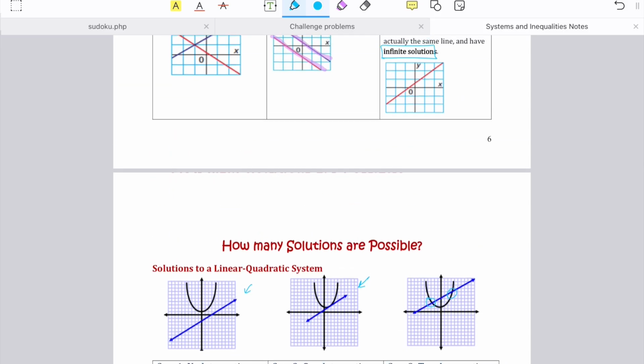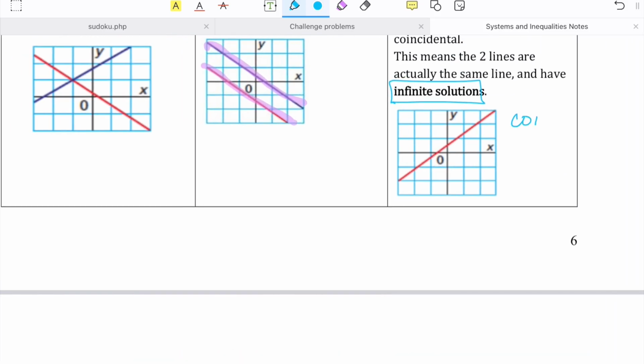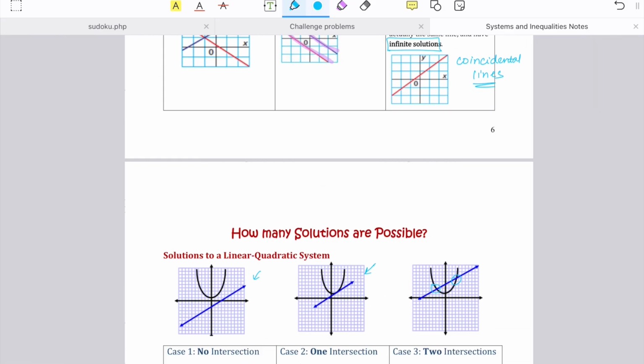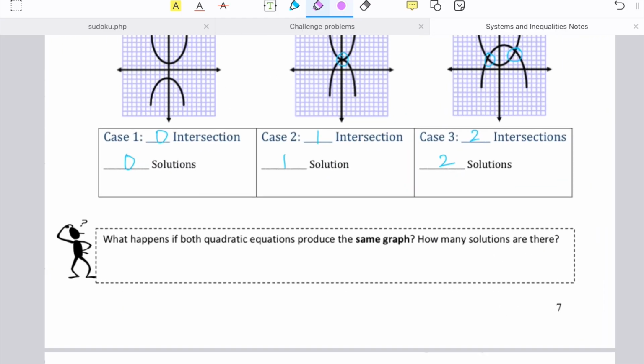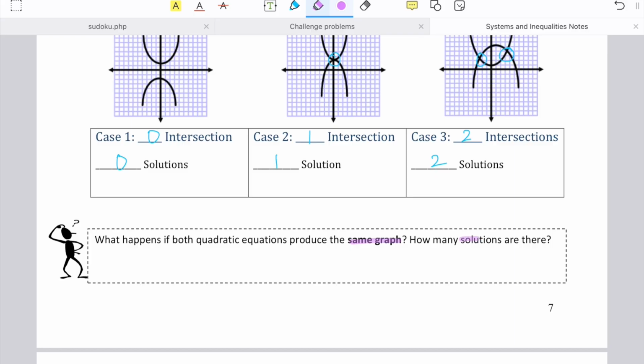Awesome. And these lines are called coincidental lines. Yes, if they're the same, if they have the same x and y points, okay? So when we have coincidental lines, or when we have a quadratic graph which is on top of each other and has the same graph, how many solutions will there be?